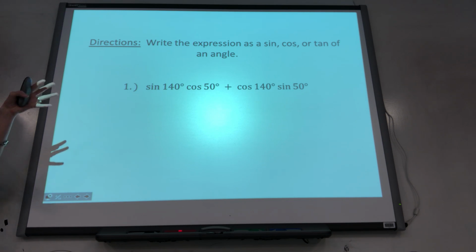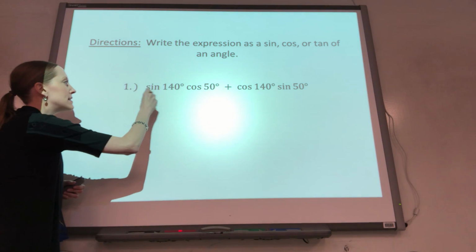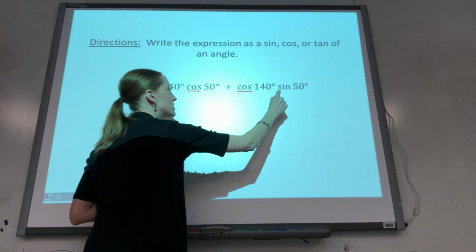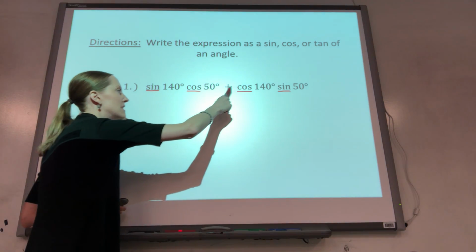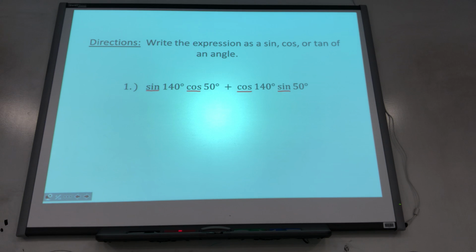Now, forget the 140 and the 50 for just a second, and let's just look at the order. Sine, cosine, plus cosine, sine. If you look at your formulas, obviously it's not going to be tangent, but if you look at all of the others, you need to find the one that's in that order.